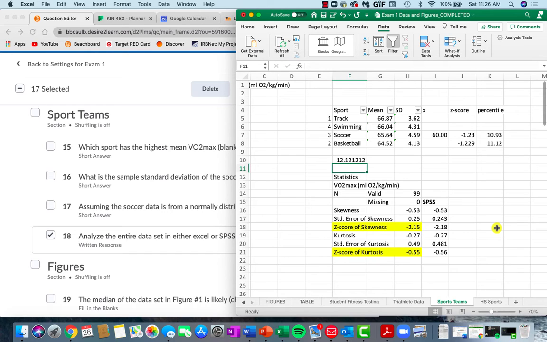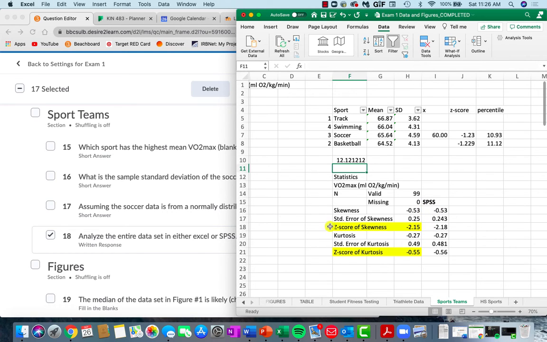What you should have done is calculated your z-score of skewness and your z-score of kurtosis, right? I think a couple of you might have stopped at the skewness and kurtosis without dividing by the standard error. And so then you probably would have been led to believe that the distribution was normal, right?